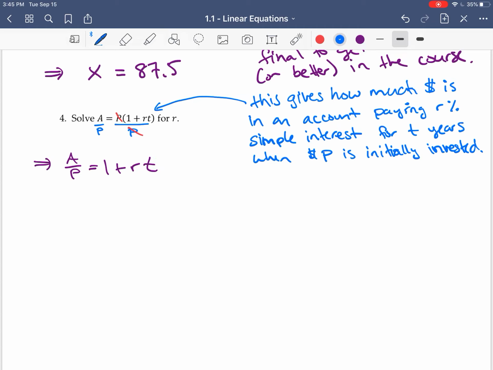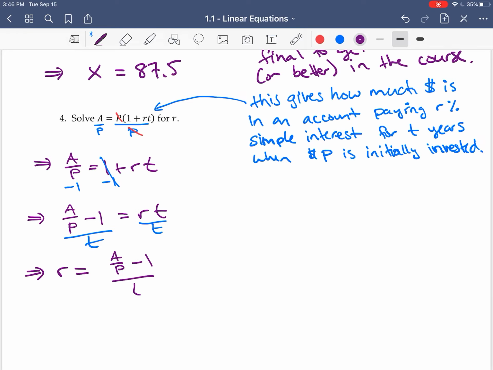Now I can subtract 1 from both sides to get the term with the r by itself. So then I have A over p minus 1 is equal to rt. And then I can divide both sides by t. That's going to give me r is equal to A over p minus 1, all over t.